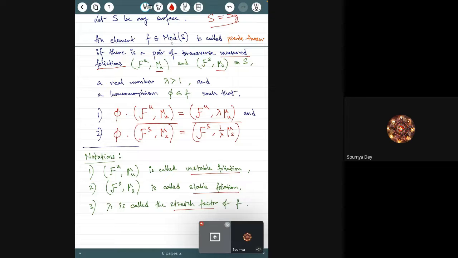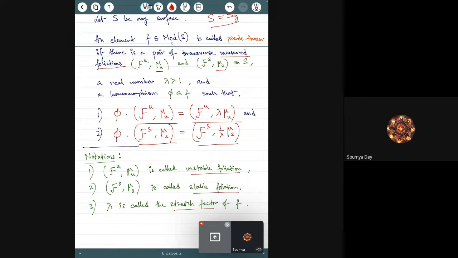In the other foliation Fs, if you act your phi on it, then the measure is getting multiplied by a factor of 1 by lambda.